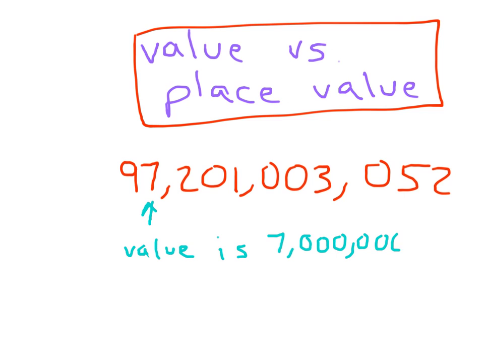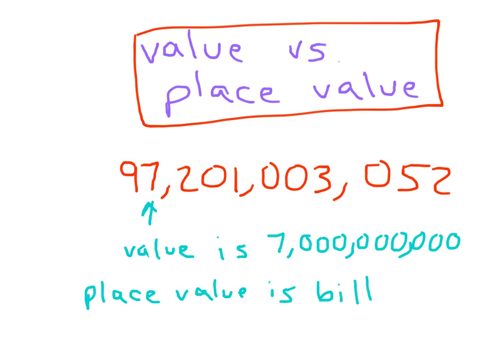Whereas the place value of that number, it's in the what place? It's in the billions place. So there's that difference between value versus place value. Just like the value of that 9 is 90 billion, but the place value is 10 billions place. And really, we shouldn't just write billions, we should be writing billions place to be more precise.